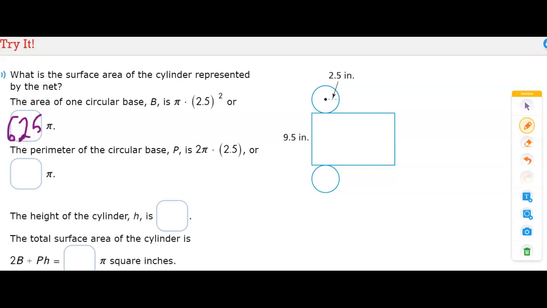And then we have the perimeter of the circular base, P, which is 2 times pi times 2.5, or 5 pi, because 2.5 added twice would be 5. The height of the cylinder, H, is 60.